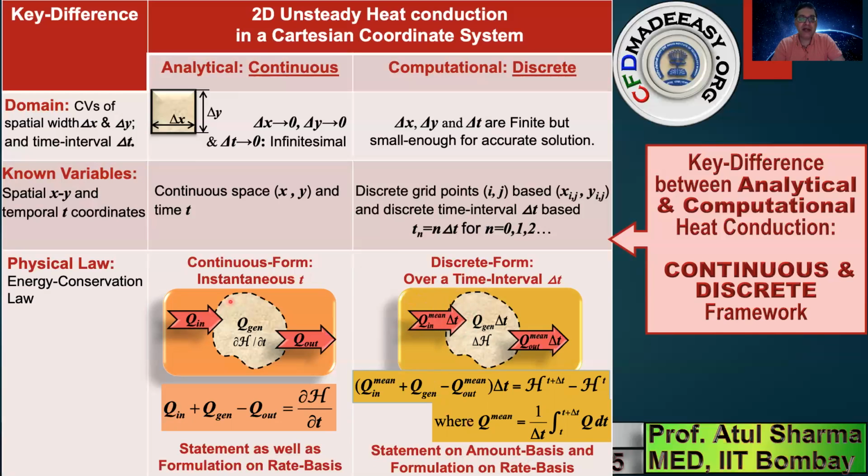Note that the statement we use in computational heat conduction is applicable for each and every time instant, whereas the statement presented here for computational heat conduction is over a certain time interval. To help you appreciate this, let me take an example. Suppose you have a thermometer or a pressure measuring device, any measuring instrument.